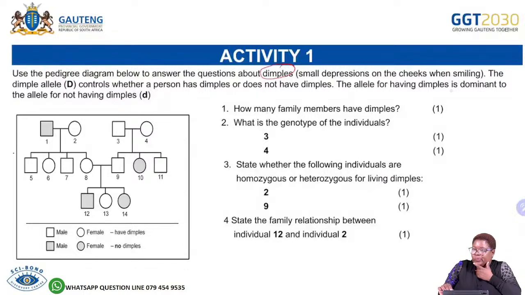I've got 2. The dimple allele is capital letter D. It controls whether a person has dimples or does not have dimples. The allele for having dimples is dominant to the allele for not having dimples, right? Now, before you can even answer your questions there, you need to work on the diagram given.